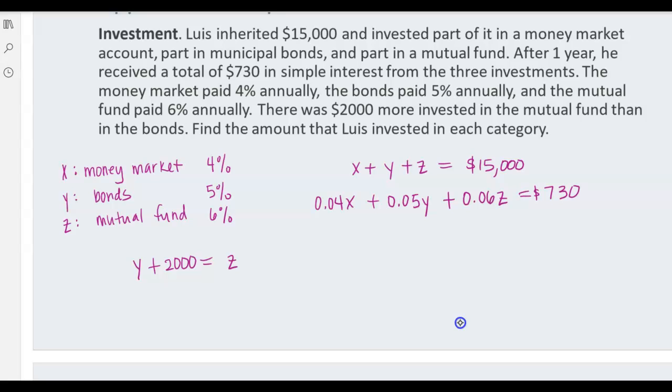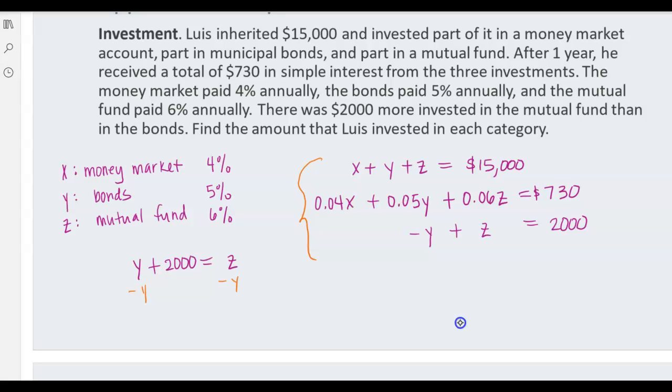So rearranging this: negative Y plus Z equals 2,000. I just subtracted Y from both sides here. So now I've got my 3 equations and my 3 variables.